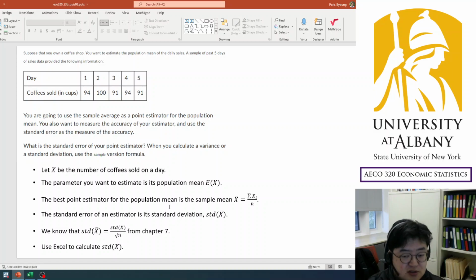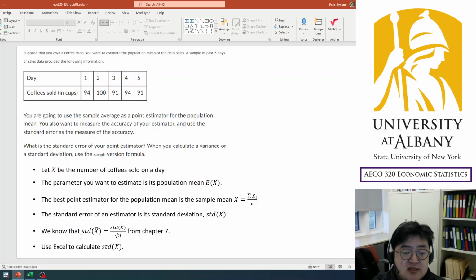So the standard deviation of an estimator is called the standard error, basically a special name in the estimation framework. Anyhow, we are calculating the standard deviation of the sample average, because this is the estimator, which is random, right?